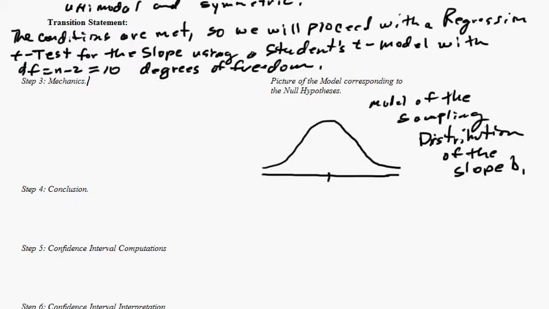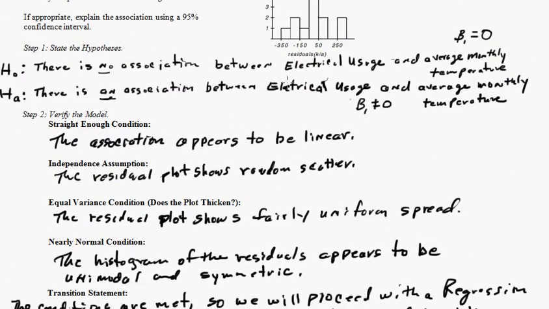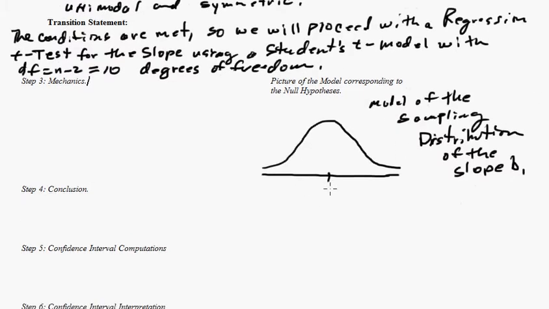Our null hypothesis was that it was 0, so our center is 0, and we expect it to land in here. We can calculate the t-value to see how many standard deviations away it is. We take the test statistic, the slope minus the hypothesized value, and divide by the standard error of the slope, just like a one sample t-test.